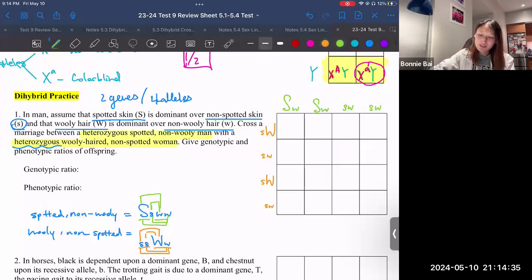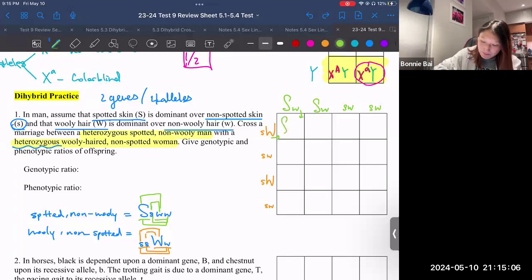Now we combine them, okay? So for the boxes, I'll show some of the boxes in two different colors so you can see where it came from. You just bring the boxes down. What you don't want is you don't want to do this. Oh, wait. See, I'm already doing it right because I'm so used to it. You don't want to do this, okay? The S's stay together and the W's stay together. Like each trait stays together. But within that trait, the dominant goes before recessive.